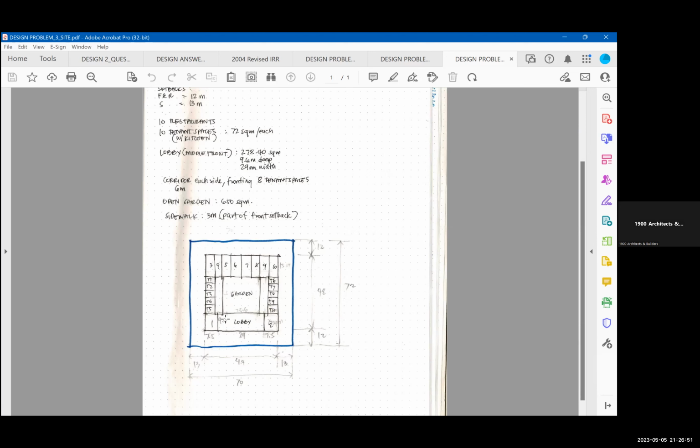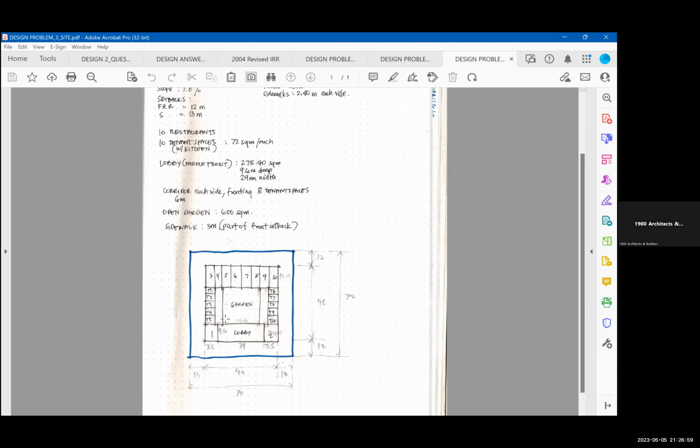Then, may 29 dito. Ang natira dito both sides is 7.5, 7.5. Minus off ko yan, 44 minus 29, tapos dinivide ko by 2. Then, may side. So, magkabila 7.5, 7.5, 9.6 yung depth. So, nakuha ko na yung area, yung dalawang store na yon, and that's 72 square meters.